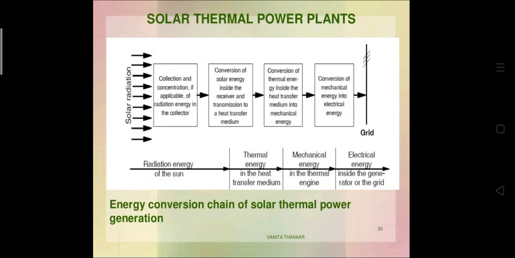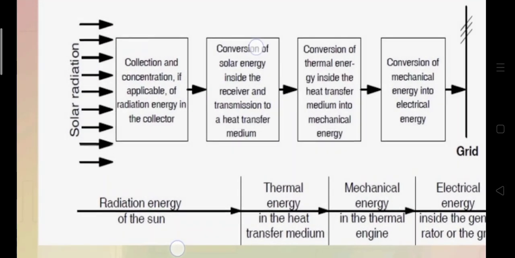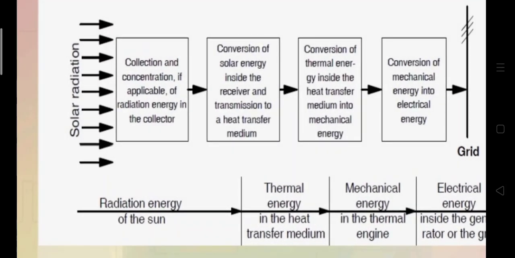Now in this solar thermal power plant, this is a schematic diagram of the energy conversion chain of solar thermal power generation. Here there are several stages. First, collection and concentration, if applicable, of the radiant energy in the collector.